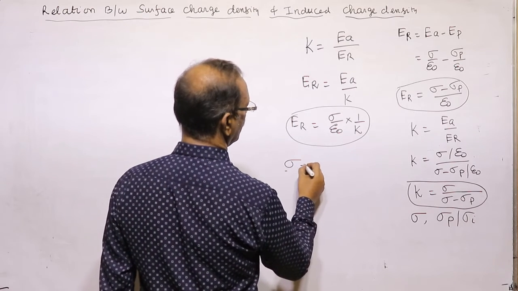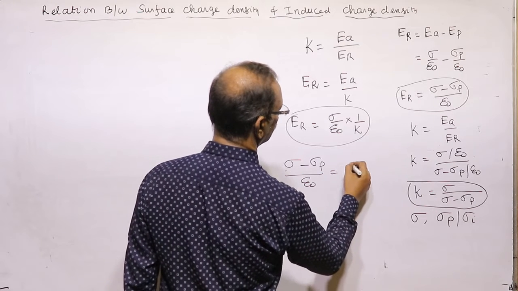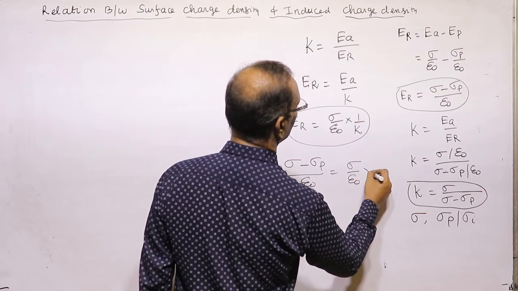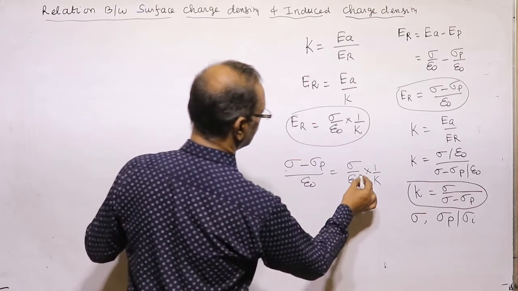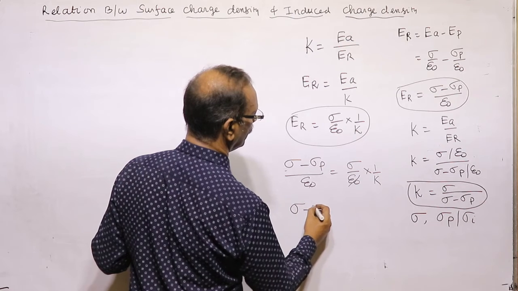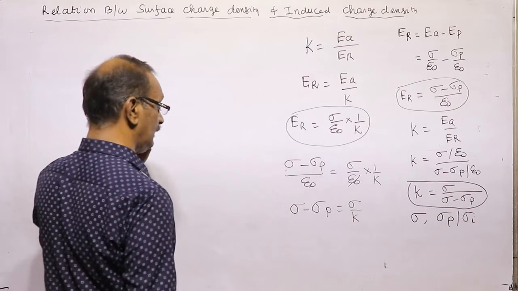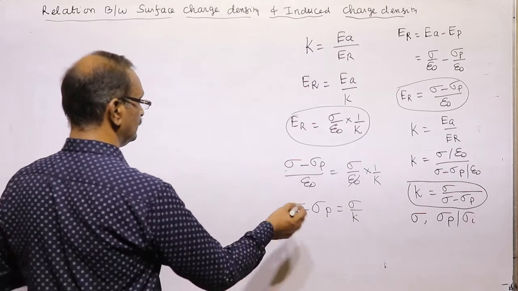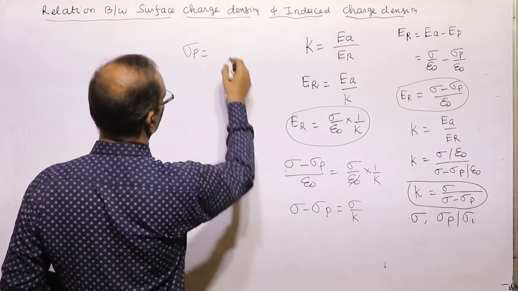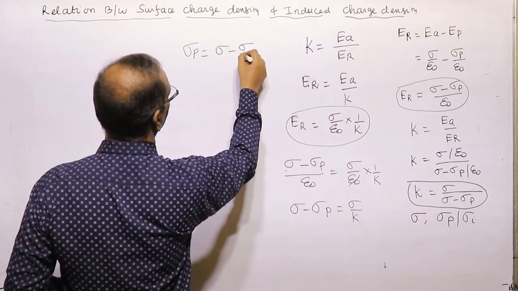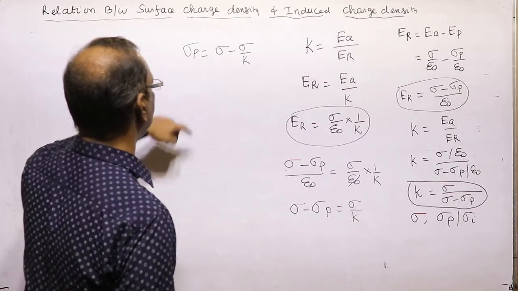sigma minus sigma polarized by epsilon naught is equal to sigma by epsilon naught into 1 by K. So we can cancel this out, and sigma minus sigma P is equal to sigma by K. Or we can take sigma P outside: sigma P is equal to sigma minus sigma by K, where sigma is the surface charge density and sigma P is the polarized charge density.